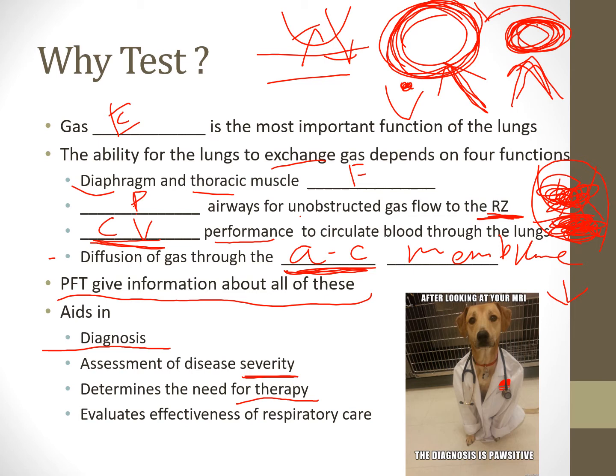If they have a lot of secretions in their lungs causing an obstructive effect, then we can use things that help shake up the lungs and get that mucus out. And there's a lot of different options for us if we know how severe it is. And so this can help us determine the need for different types of lung therapy that we will be administering.